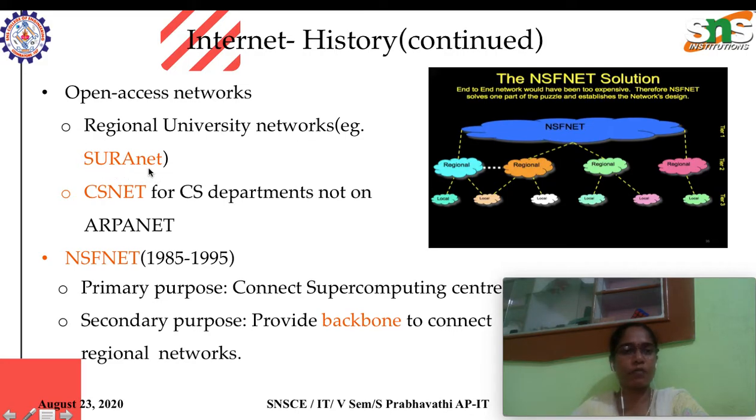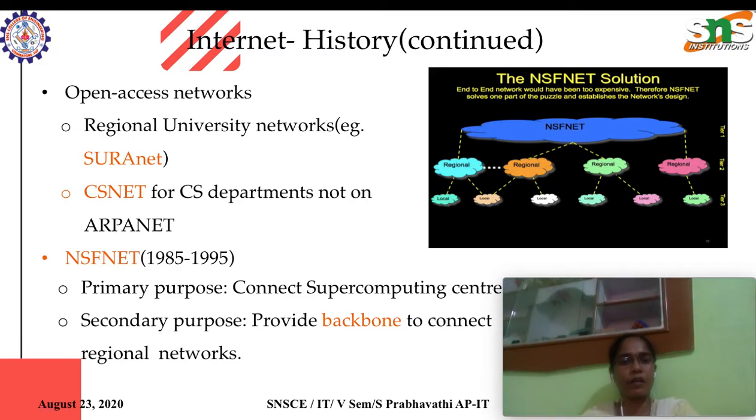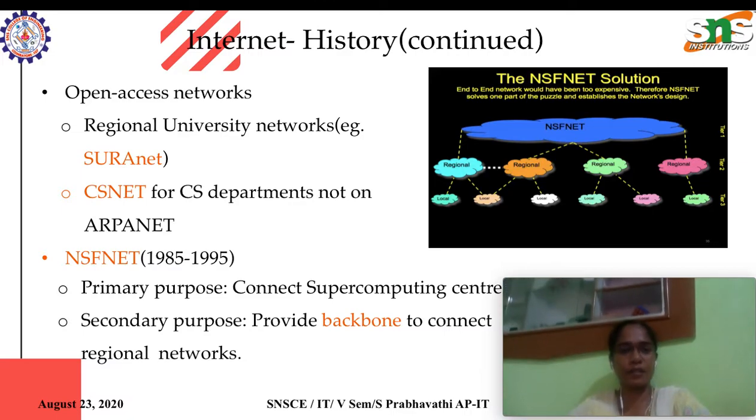And CSNET, the Computer Science Network for CS departments, was again funded by a government agency, not an ARPANET project. So simultaneously along with ARPANET, several regional universities started building their own networks for sharing information.